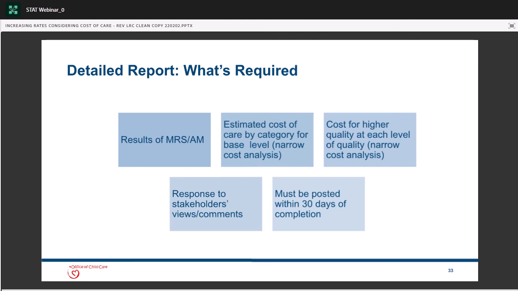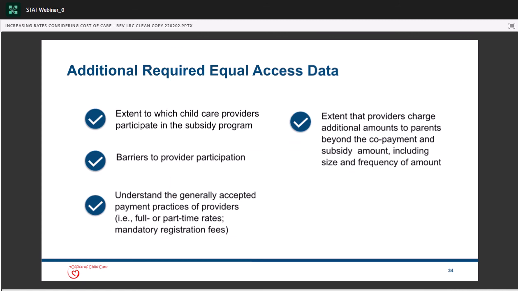Next slide, please. There is additional data and information that you have to gather to satisfy the equal access section of your CCDF plan that all go towards ensuring equal access for our families.